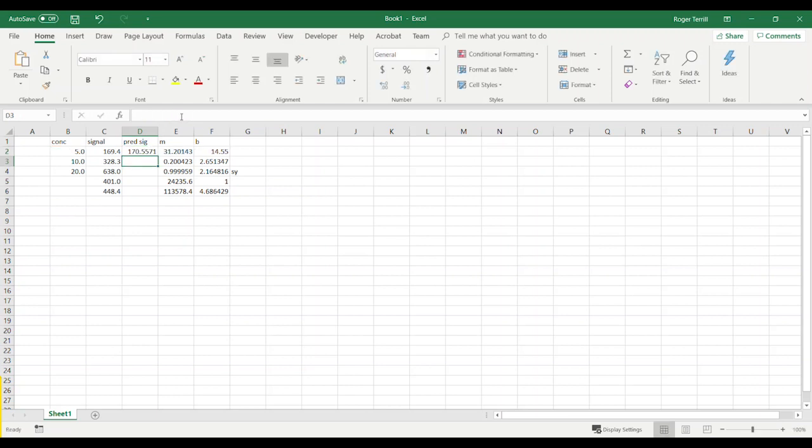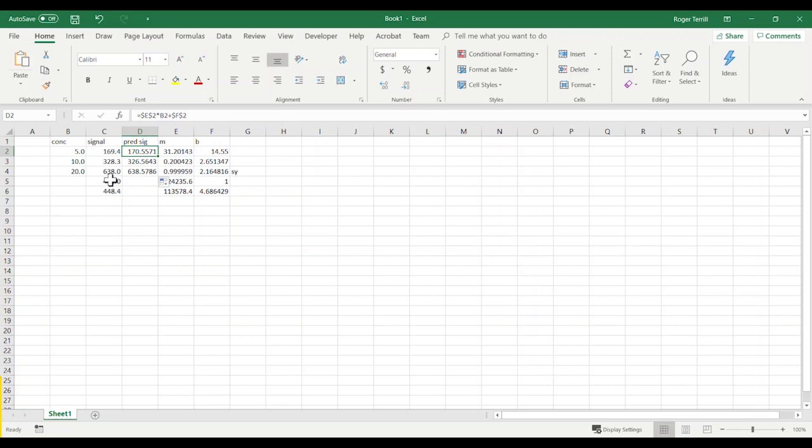I'll show you why that is. When we drag it down, we want it to continue to point to these two cells, but we want the target cell B2 to advance to B3 and B4.